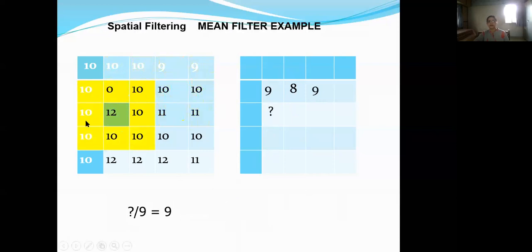Now we have shifted to the second row, that is 12, 10 and 11. So this is your second row. Again, you need to scroll the mask over all these elements.